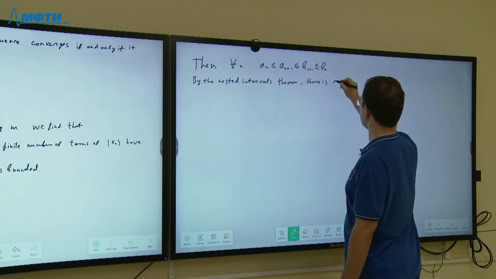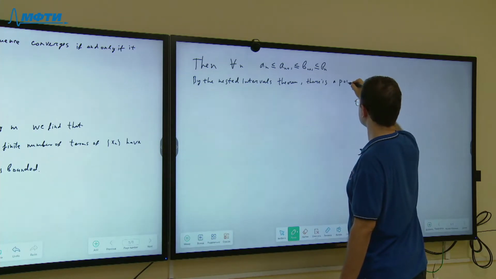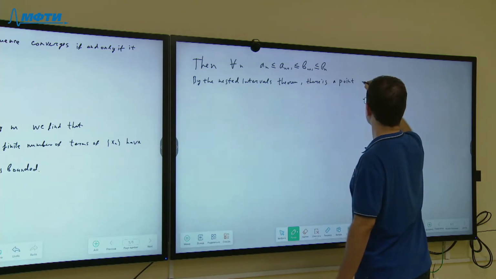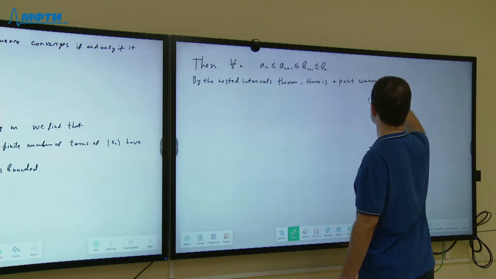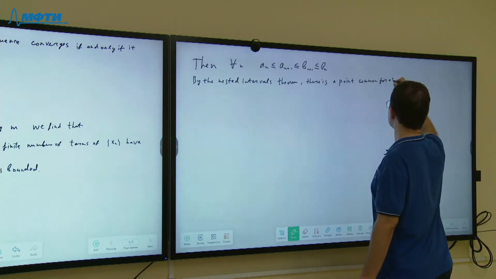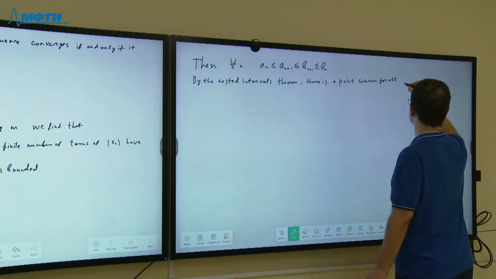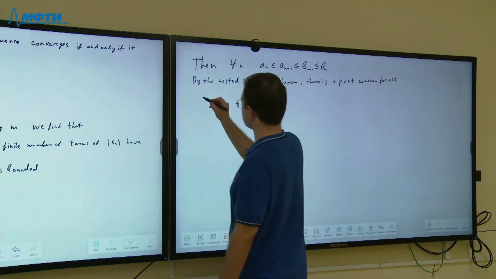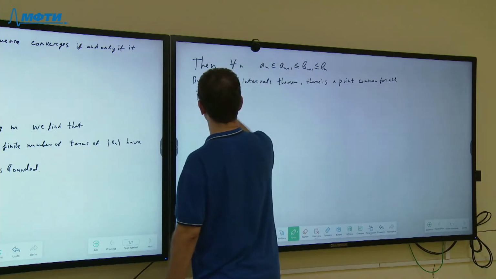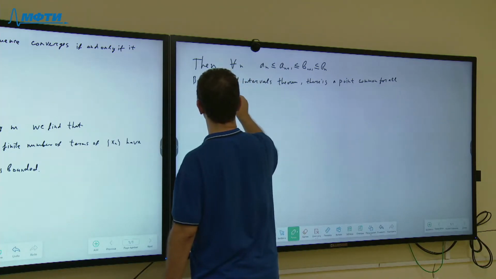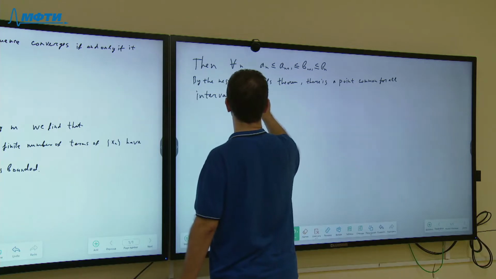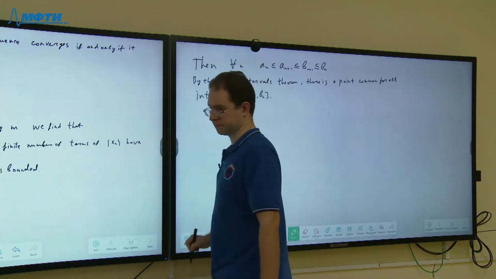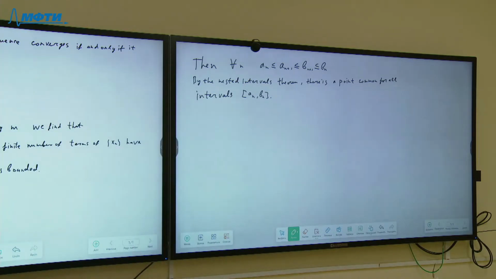There is a point common for all intervals in Bn. There is a common point.